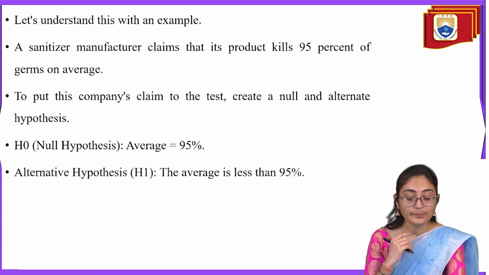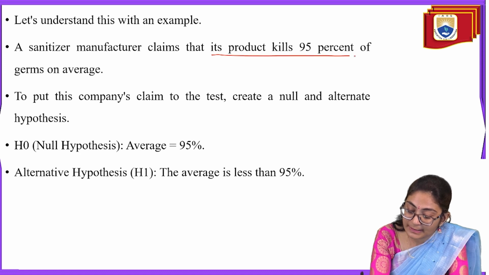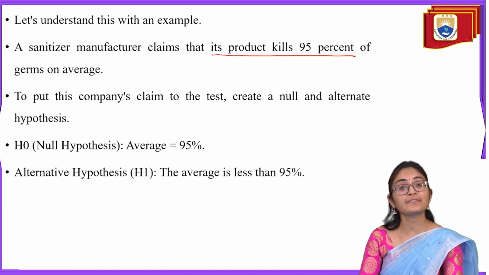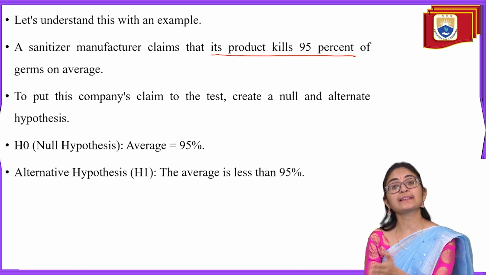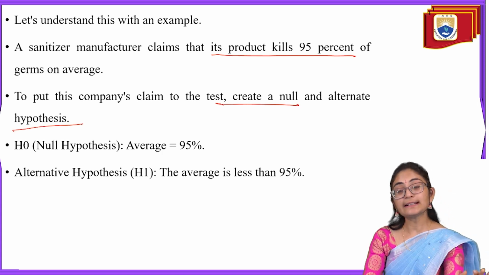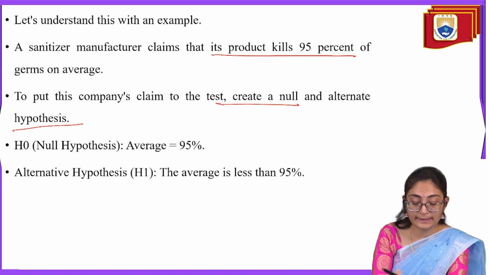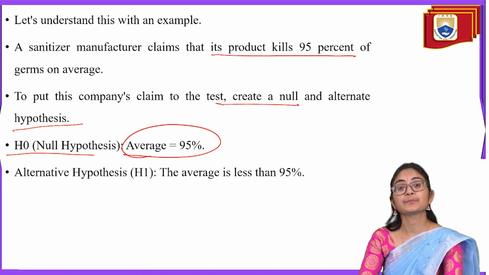Let's understand. A sanitizer manufacturer claims that its product kills 95% of the germs on average. To put this company claim to the test, create a null and an alternate hypothesis. In the null hypothesis, what is the average? 95%.